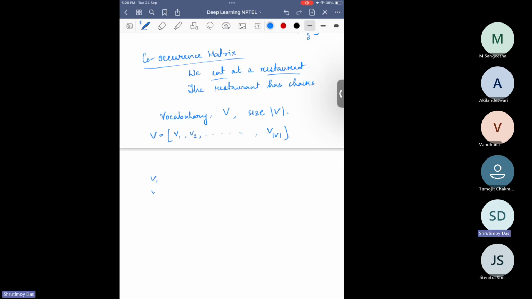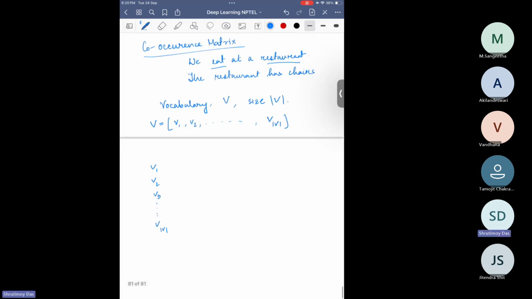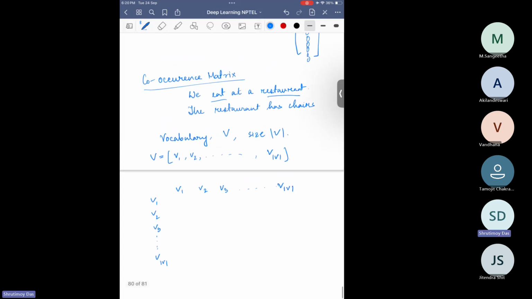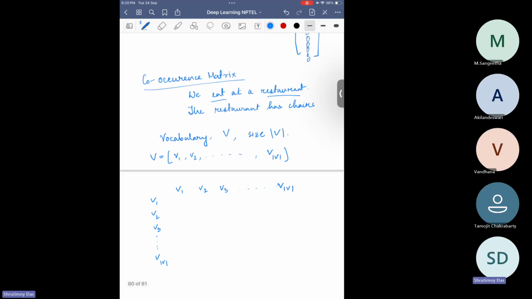So you have V1, V2, V3, and your number of columns is also your number of words. And now for each word, you look at how many times that word occurs with each of the remaining words.